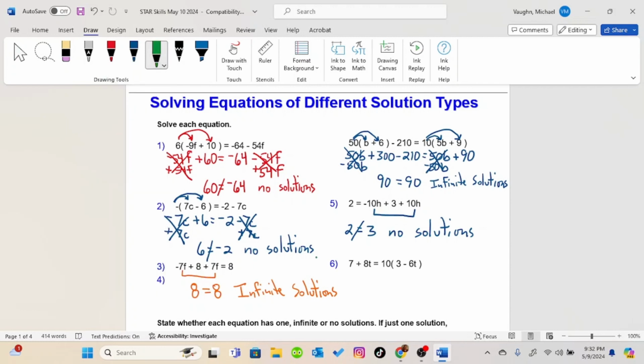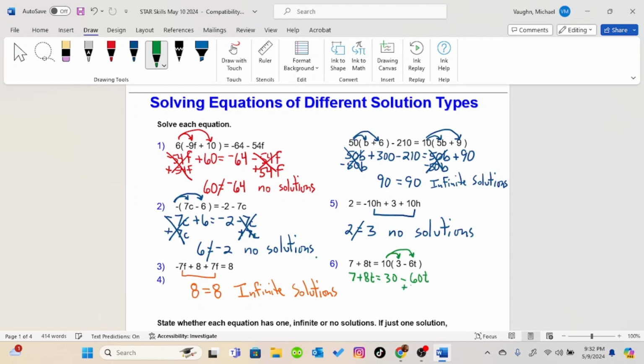And number 6, we need to use the distribution method on the right. So we have 7 plus 8t, 10 times 3 is 30, and 10 times negative 6t is negative 60t.